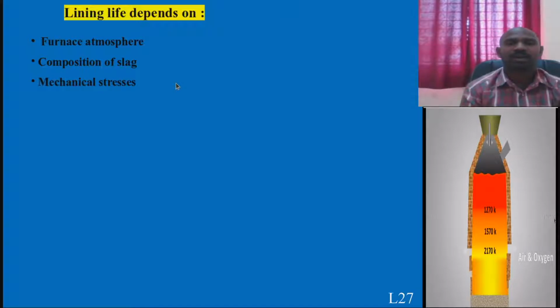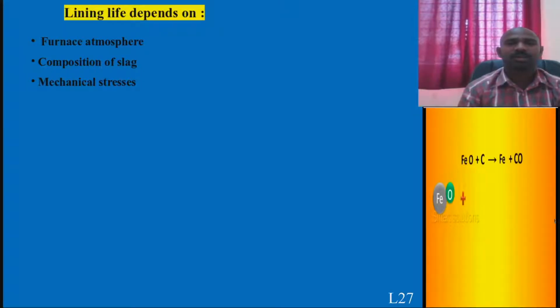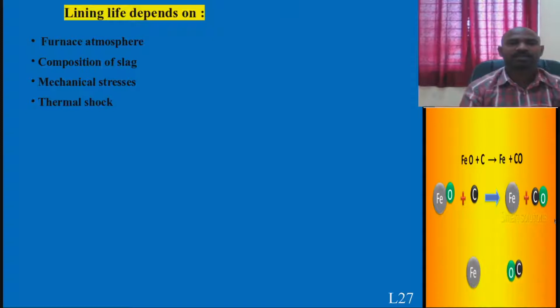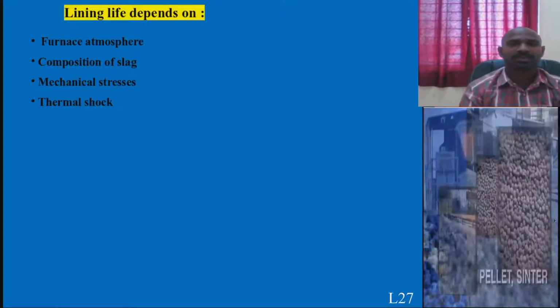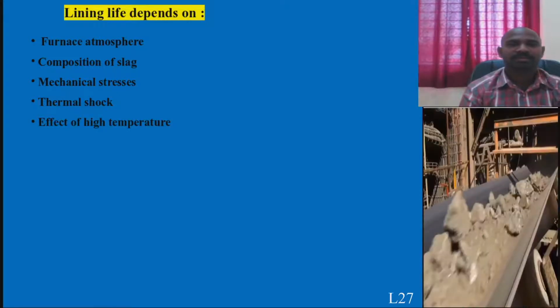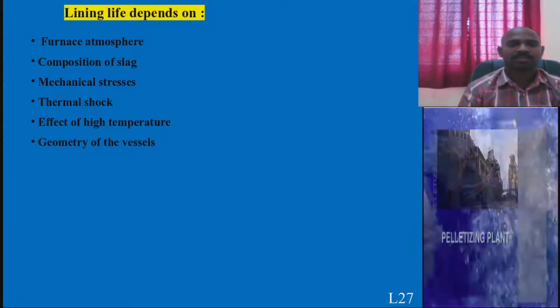And mechanical stresses, the lancing and the vessel are subjected to a continuous combination of compressive stresses and tensile stresses. And thermal shock, there will be a sudden temperature change when you add some other flux or steel scrap for composition adjustment. This situation may arise, and the effect of high temperature.